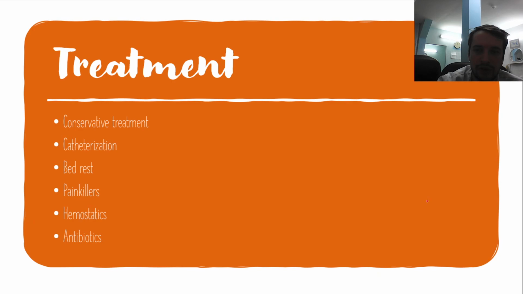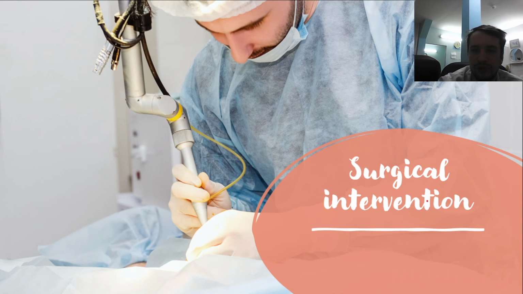Treatment: conservative treatment, catheterization, bed rest, painkillers, hemostatics, antibiotics. Surgical intervention: if the condition of the victim deteriorates sharply, then surgical treatment is performed, suturing of the urethra or its plastic surgery.